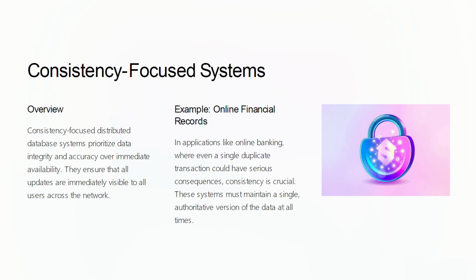These systems often sacrifice some availability during network issues to maintain a single accurate version of data. By using techniques like distributed locks and synchronization protocols, consistency-focused systems ensure that users receive accurate information, even if that means certain operations are temporarily unavailable during high loads or network disruptions. This approach is essential for applications where data integrity cannot be compromised.